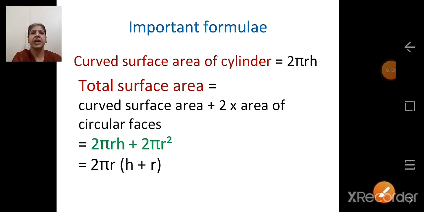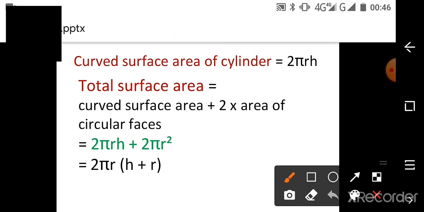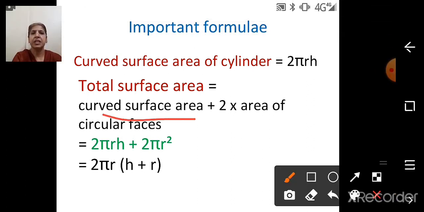Total surface area is equal to curved surface area plus area of circular faces, and there are two circular faces, so 2 multiplied by area of circular faces. Curved surface area we studied now, it is 2 pi r h, plus area of circle is pi r square, and there are two circular faces, so 2 pi r square.